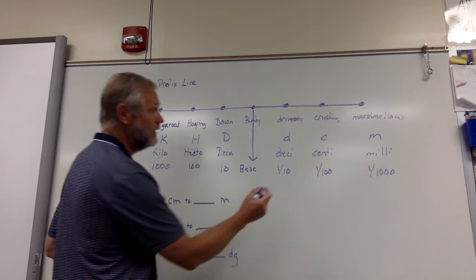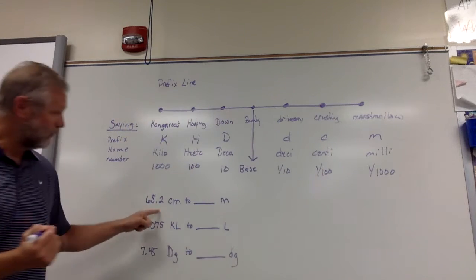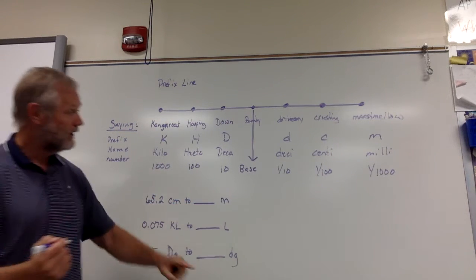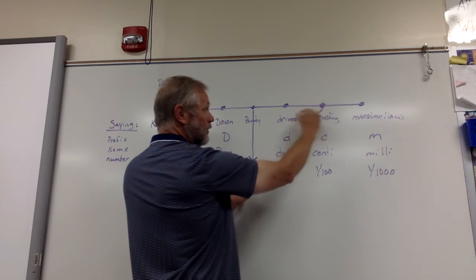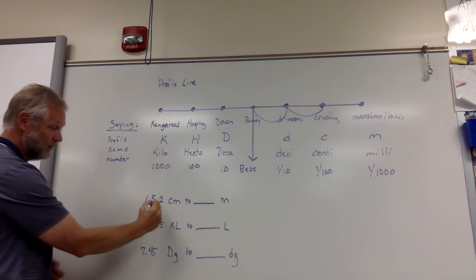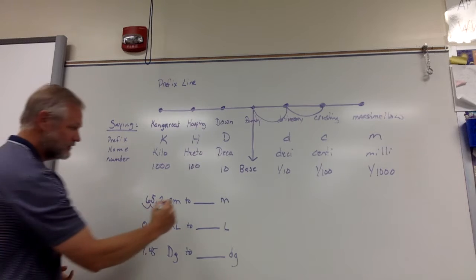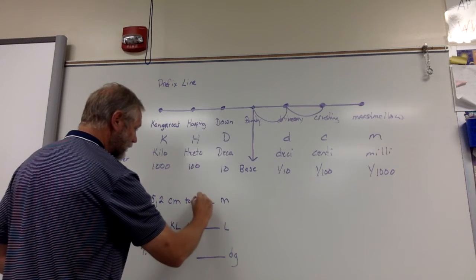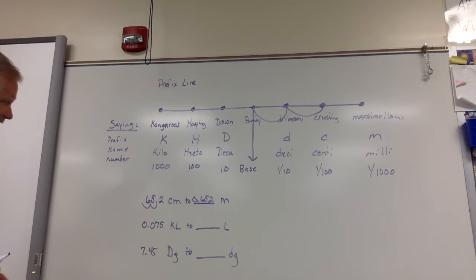So I'm going to come over here. Centi is on this dot right there. Where do I want to go? To a meter. Where is a meter? A meter is our base. So I would move 1, 2. So now if I find my decimal, and I do the exact same thing, 1, 2, I just did my conversion. It is 0.652 meters. Yeah, it's that straightforward.